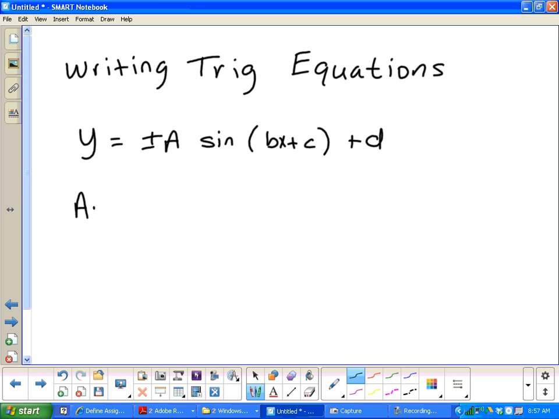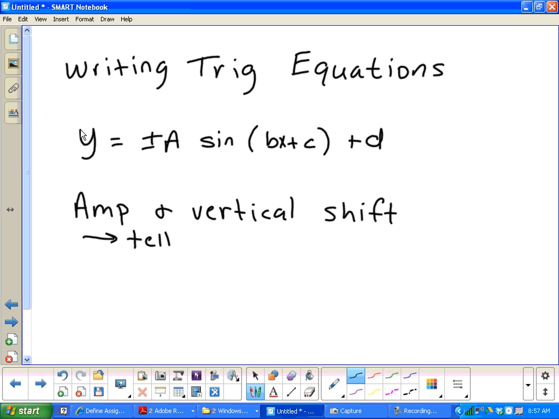Amplitude, okay, and vertical shift. Okay. If I look at an equation, I can tell those, right? Okay? So I'm just writing something right here. I can tell by looking. Okay?